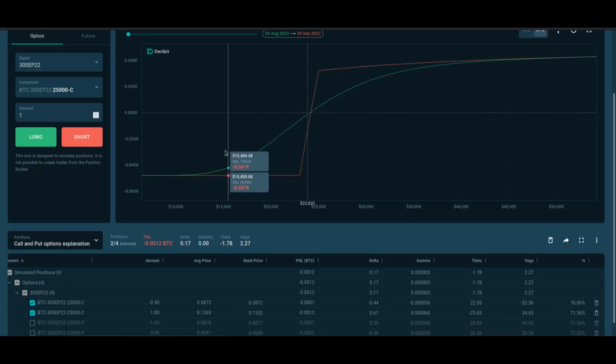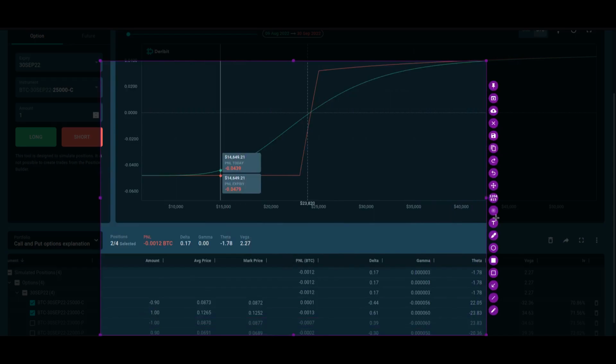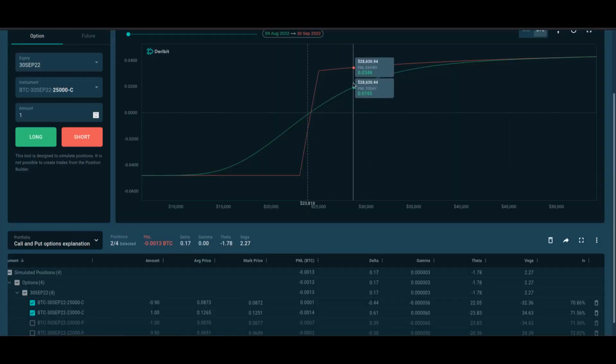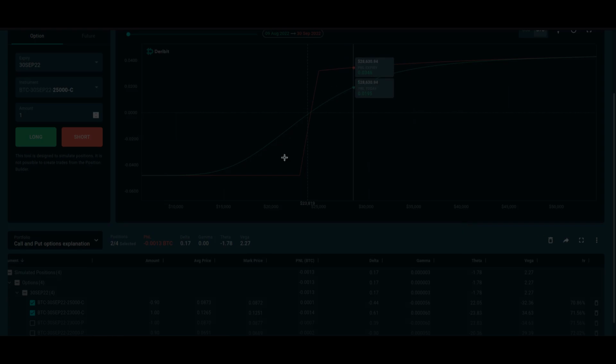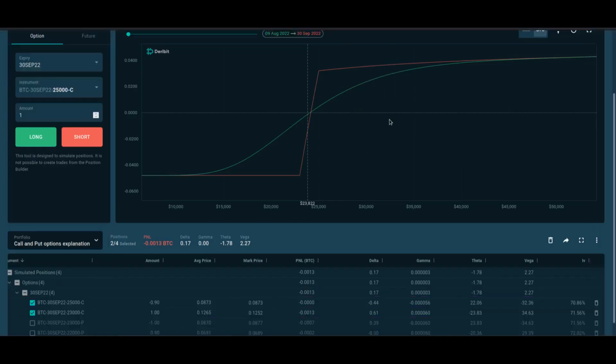Here we have lower potential losses in case expiration is in the negative zone, but also lower potential profit in case the position expires in the positive zone.